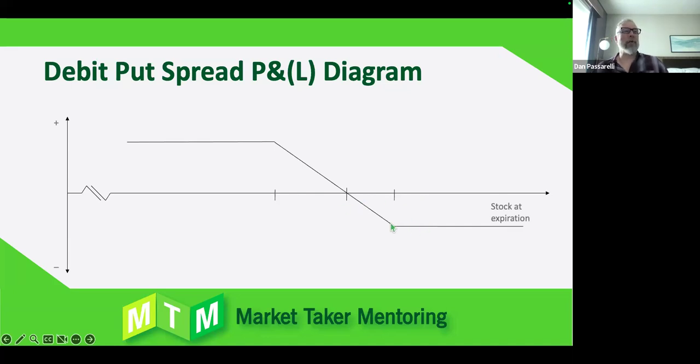So if the stock is below the strike price at expiration, what strikes did I say I was using here? 200 and 195, right? If the stock is below 200 at expiration, I get assigned on my 200 strike puts, no, short the stock at 200 because I'm long these, but I paid $4 for the spread.